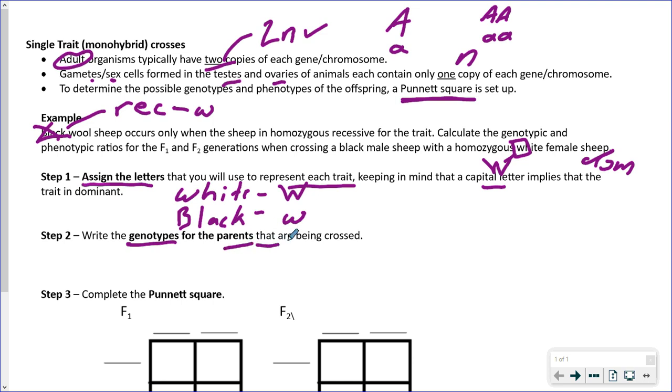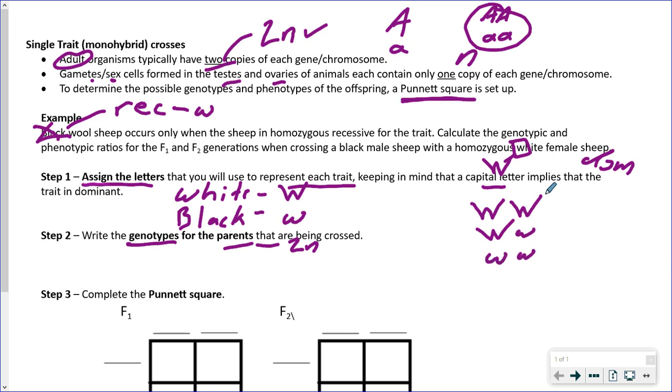So now we can go on and talk about the actual genotypes of the parents. Parents are diploid, which means they're going to have two letters, kind of like what we have up here for the A's, only now we're using W's. So what are the different possibilities? Well, we can have big, big, we can have big, little, and we can have little, little.